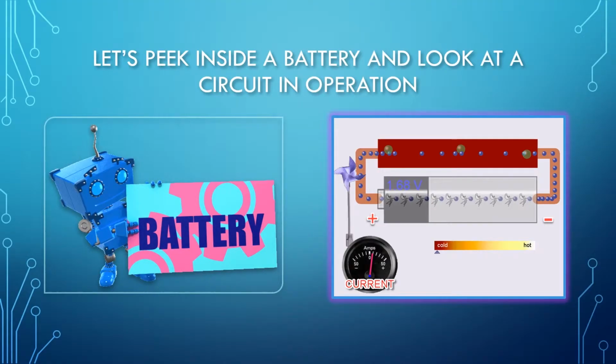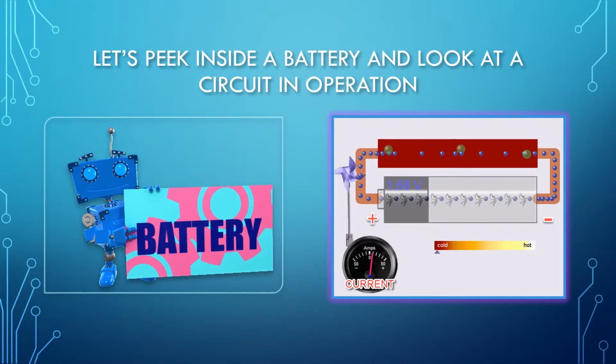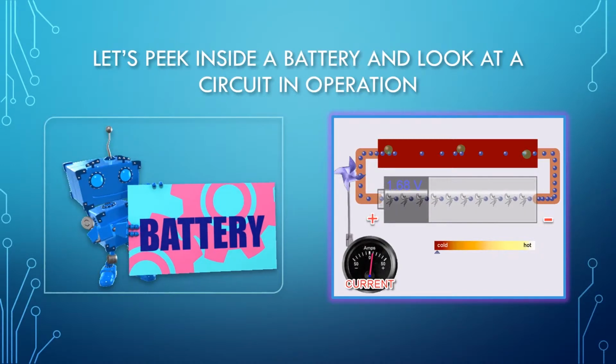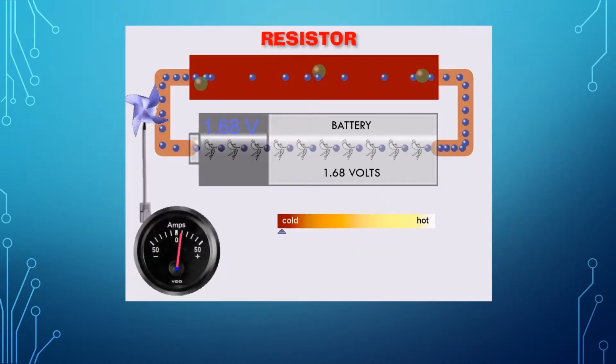Let's peek inside a battery and look at a circuit in operation. This next graphic will illustrate electrons flowing inside and outside the battery when it is connected to a load like a resistor. I'd like to first explain why this circuit looks like the current flow is the opposite of the earlier example.